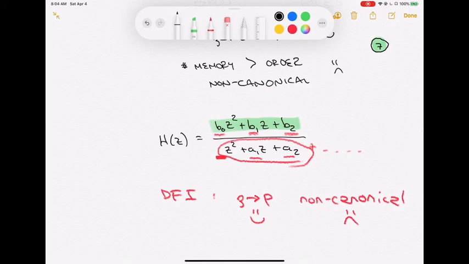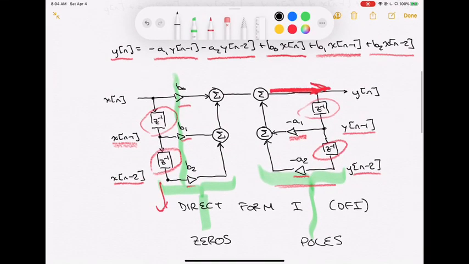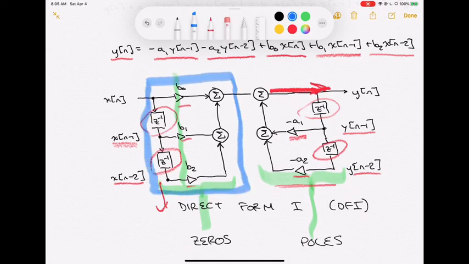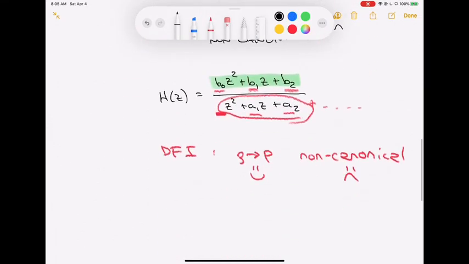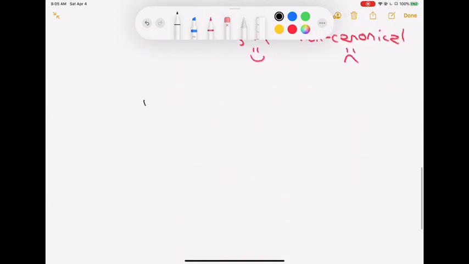We can motivate these much the same way we did for continuous time. If I take a look at this, I'm going to go ahead and make this guy blue. If I look at this first part here, I'm going to call this 1, and then I'm going to have that feeding into another block 2. Our DF1 system looks something like this.